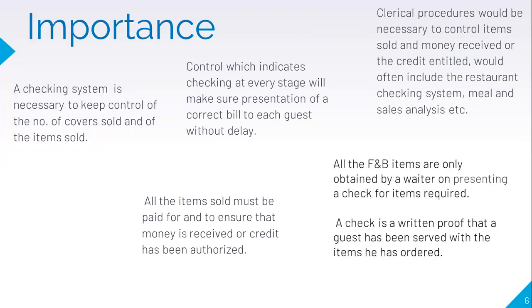All food and beverage items are only obtained by a waiter on presenting a check for items required. Nothing without a check should be given to the waiter or a steward. A check is written proof that a guest has been served with the items that he has ordered.